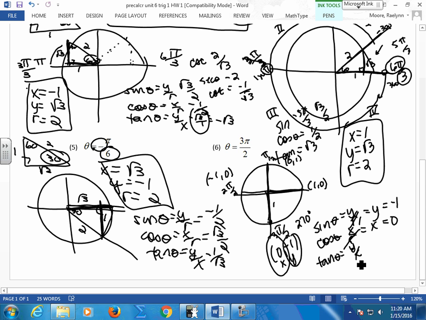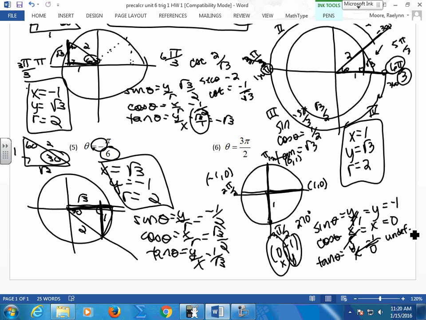Your tangent is y over x. Now my y was -1. My x is 0. Can I divide by 0? No. This is undefined. And remember your tangent graph curves? Didn't they kind of get broken up? They stopped at different asymptotes. They couldn't hit a 90. They couldn't hit a 270 because they were undefined.